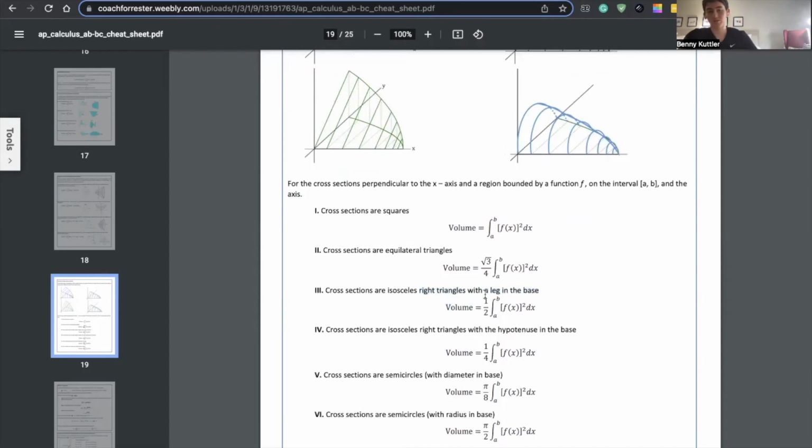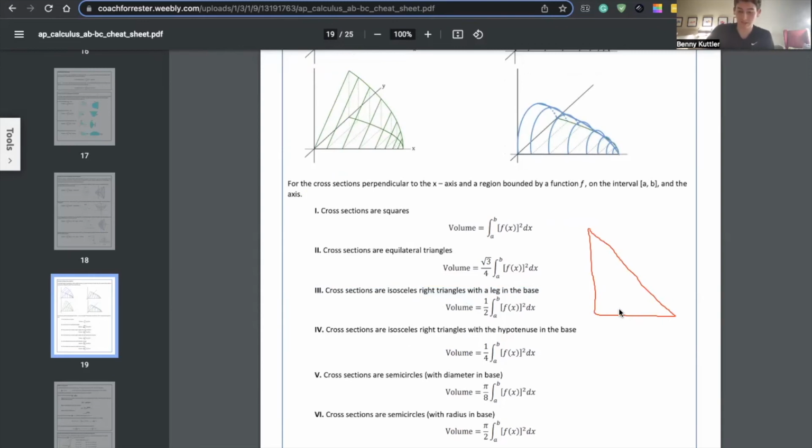Isosceles and right triangles, that's just if you had it like this, no, that's not a right triangle. That's a right triangle. So if a leg is the base, then the length of the leg is just going to be our dx.